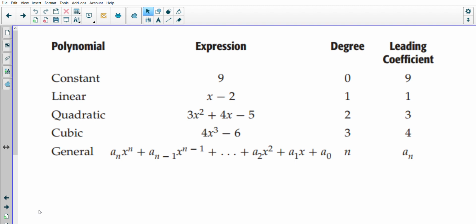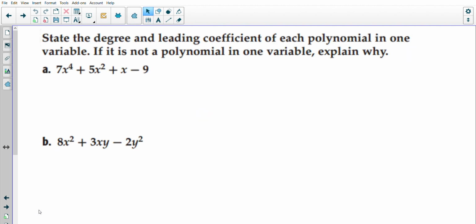Okay? So, state the degree and leading coefficient in each polynomial in one variable. If it is not a polynomial in one variable, explain why. So, the degree is the highest power and the leading coefficient is the number in front of the highest power. Now, we've got to make sure, one, there's one variable and that there's nothing screwy with it. So, everything looks good. There's only one variable.